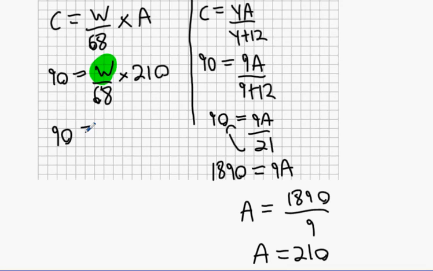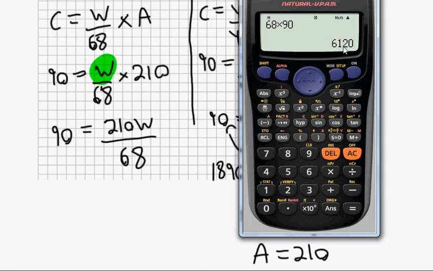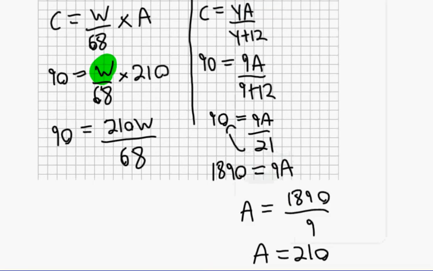Okay. What I have to do next is this. It's going to be W times 210, which is 210 times W, all over 68. What do I do next? Multiply 68 by 90. That's going to be a difficult one now, right? So here's what I have to do. 68 multiplied by 90, and I get 6,120. What do I have to do after that? And then after that?